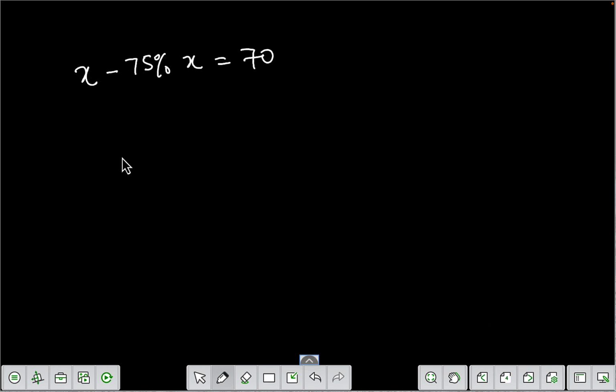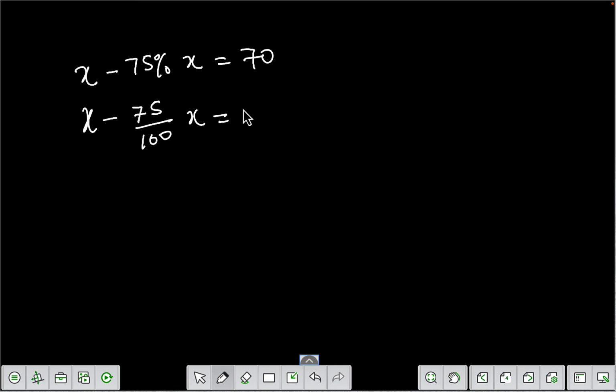Alright, so this problem is going to be our last problem on solving equations that contain percent, right? So again, I'm going to give you a minute to solve this. Yeah, hopefully you were able to solve it. So x minus 75% is the same as 75 over 100.